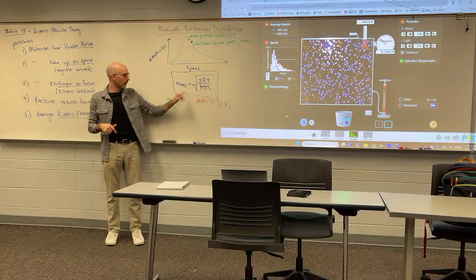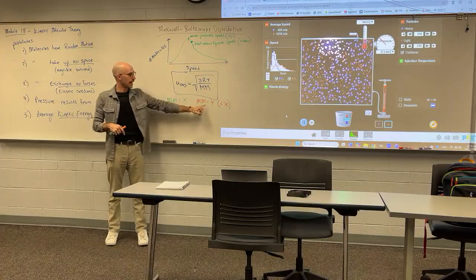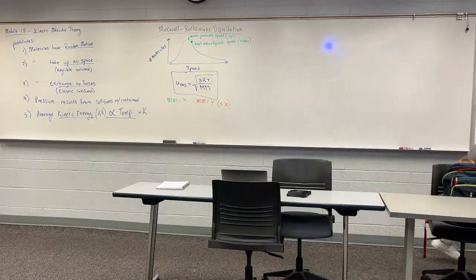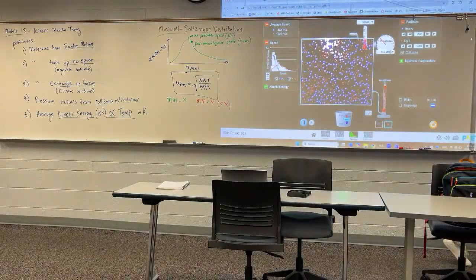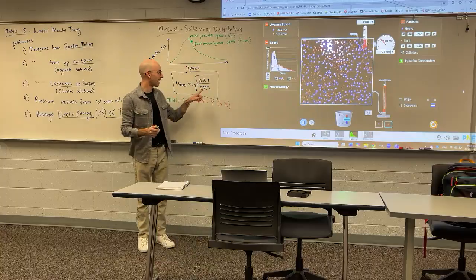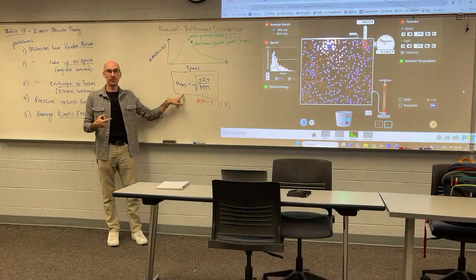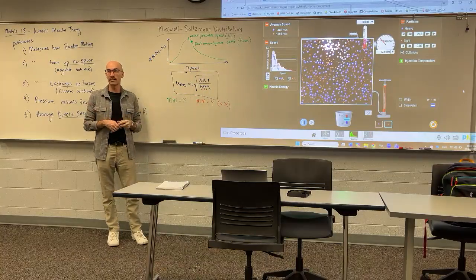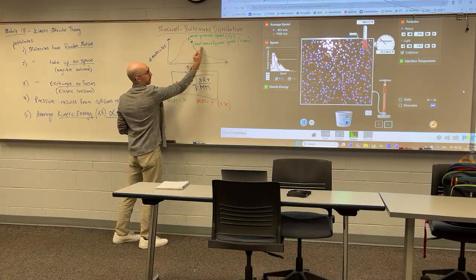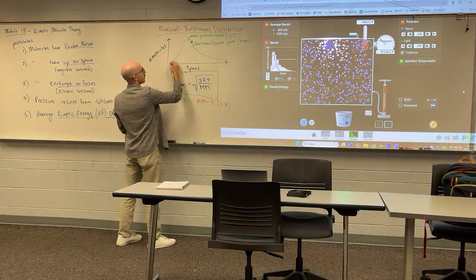I'm changing molar mass from green now to orange to be smaller. Is the root mean square going to increase or decrease? I'm dividing by a smaller number, so the root mean square increases. What would that look like on here? Well, the root mean square will be further to the right.